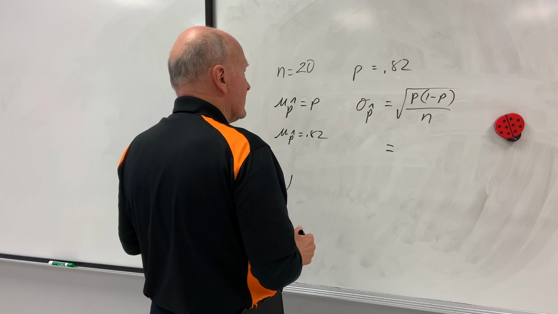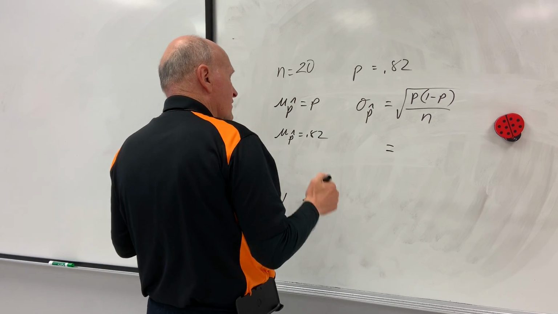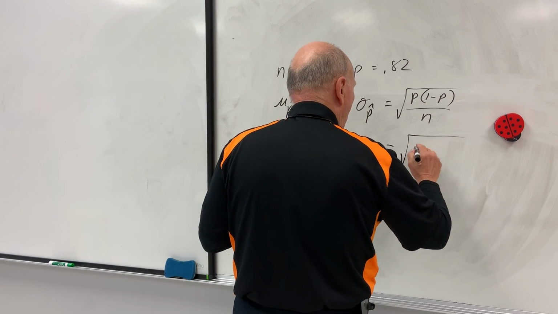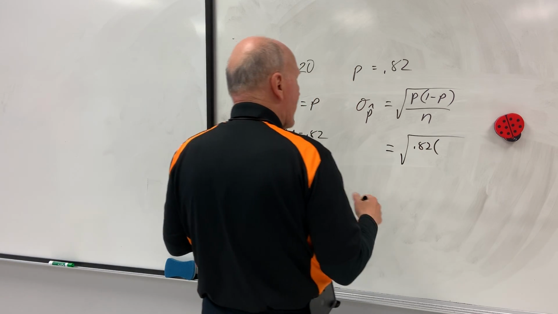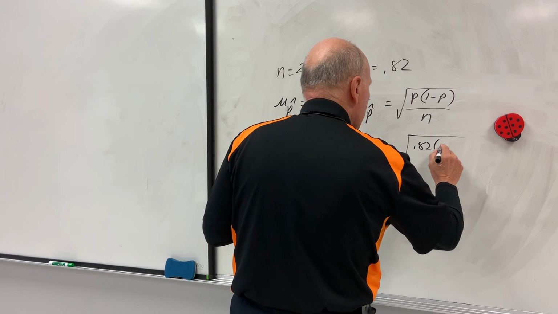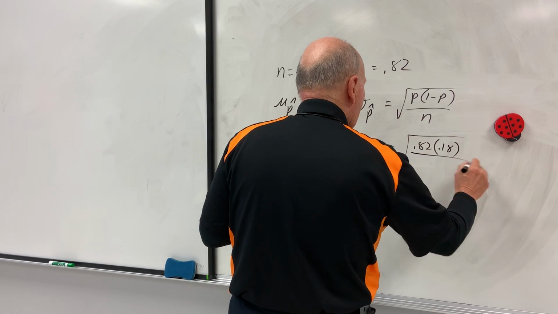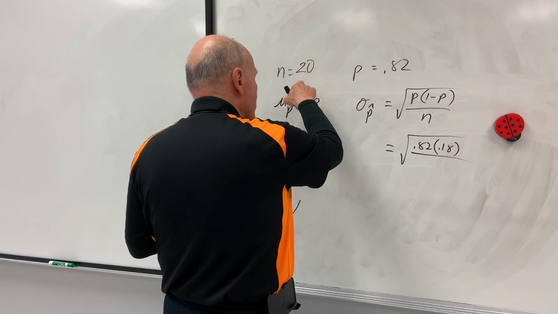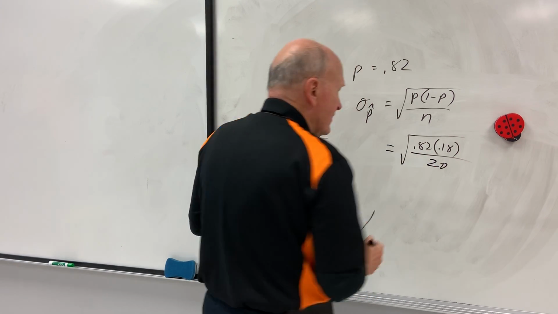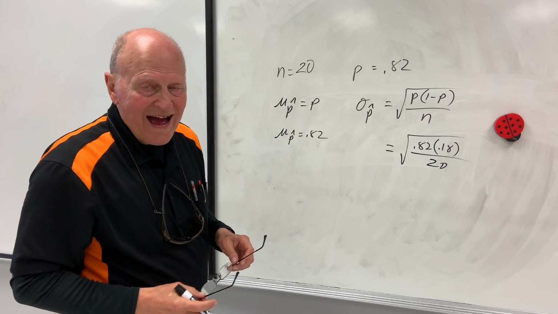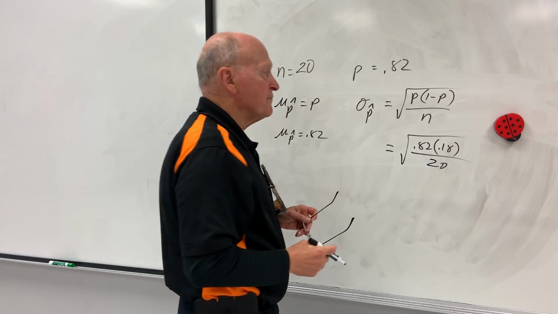So we take the proportion p, which is 0.82, and we multiply it by 1 minus p, which would be 0.18, and we divide it by n, which in this case is 20. Now, 20 is a whole lot more than the 5 that we were working with on flipping the coin.